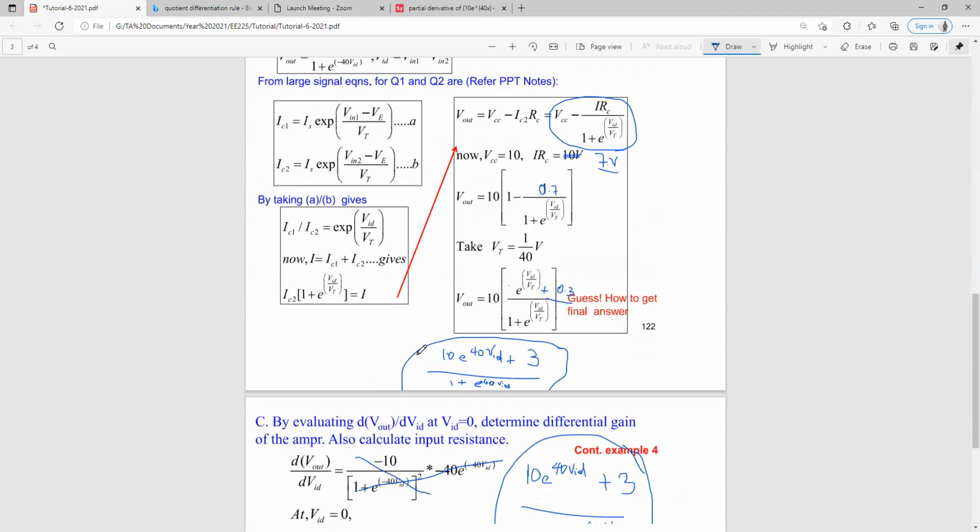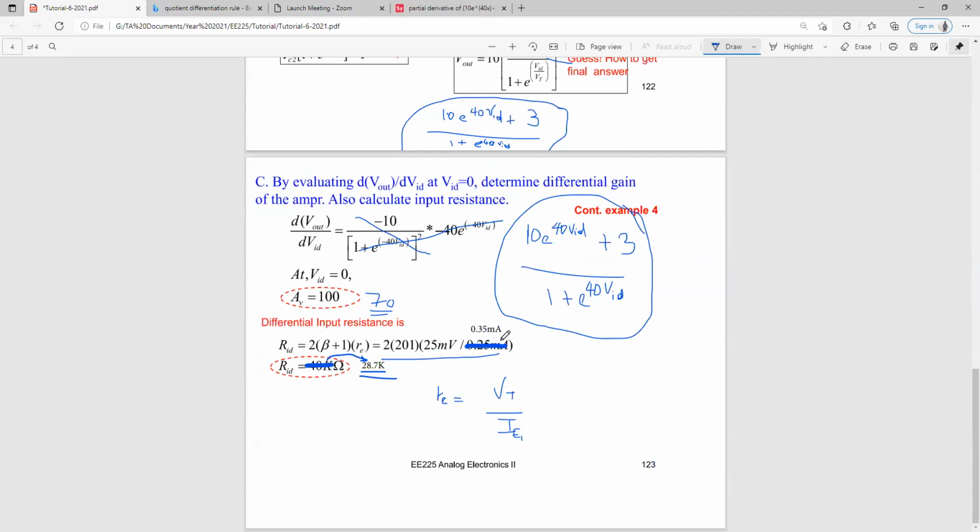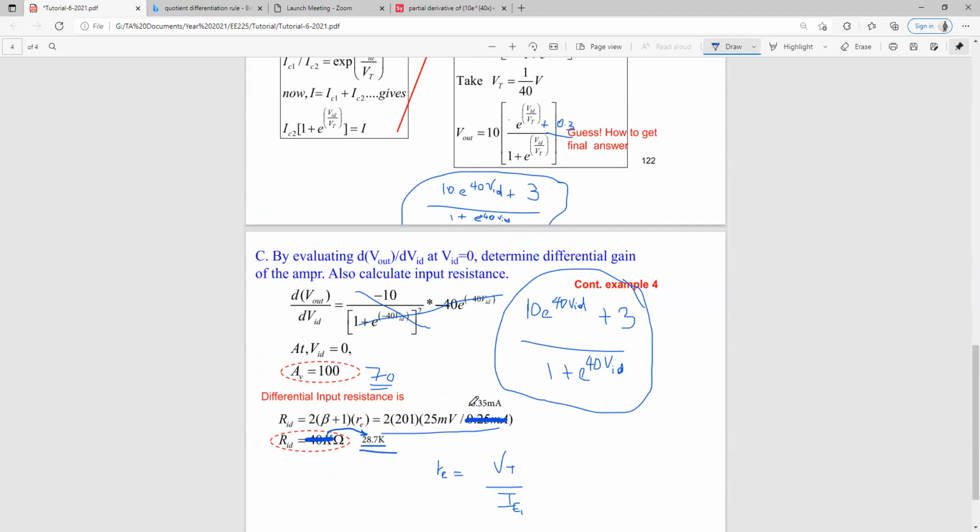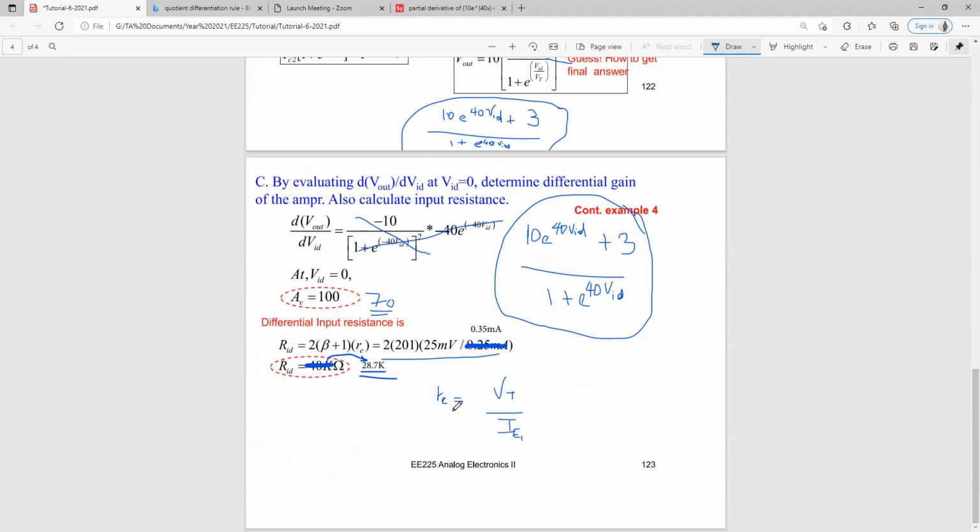In that case, our I value is 0.7 milliamps, so half of that is 0.35 milliamps. So our re is 25 millivolts divided by 0.35 milliamps.